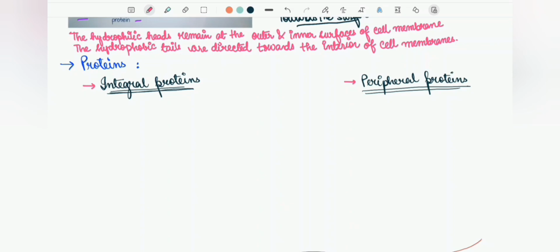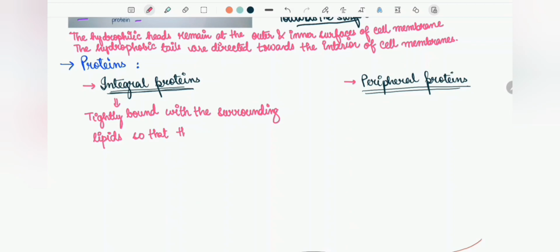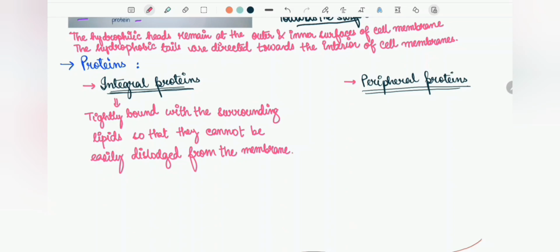So among these proteins, the proteins which are tightly bound with the surrounding lipids so that they cannot be easily dislodged from the membrane, this type of proteins are integral proteins.